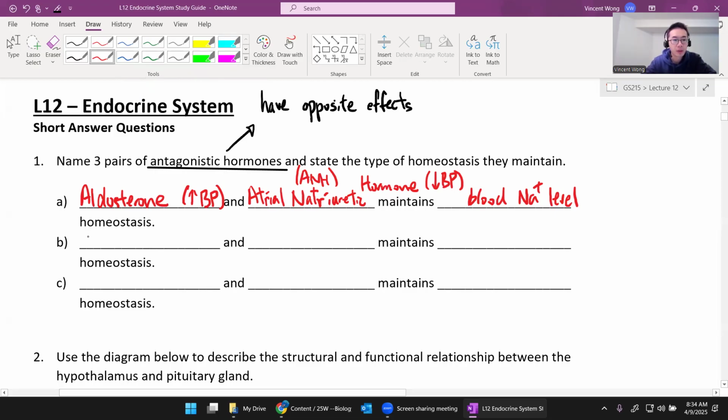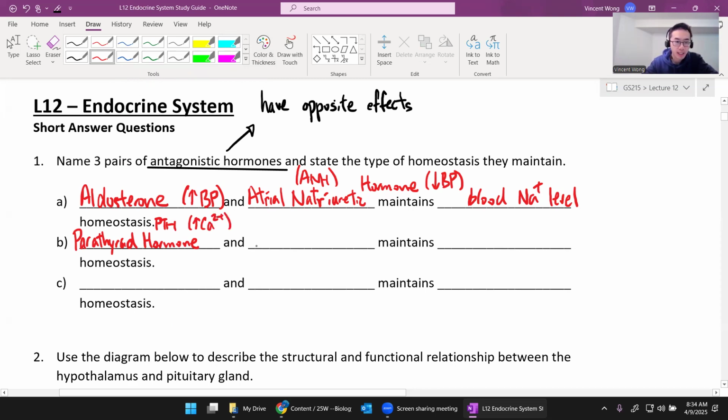Another one that we learned is PTH, parathyroid hormone. The job of PTH is to increase blood calcium.